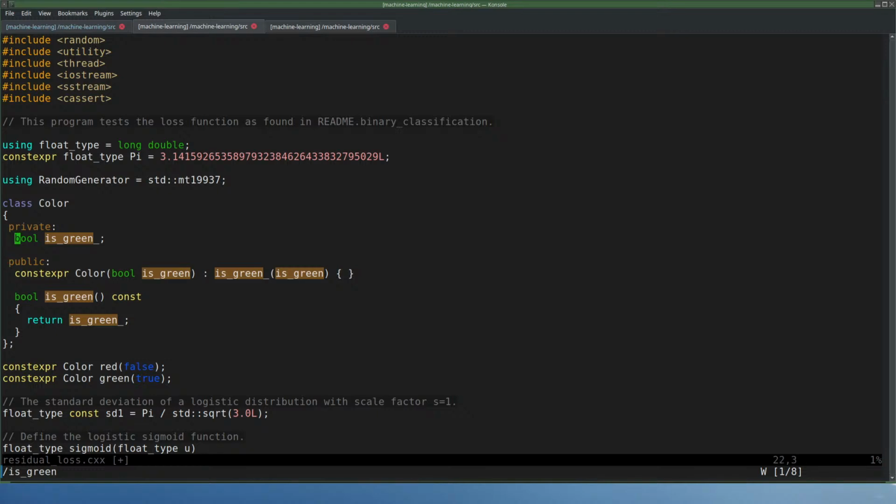And is green means if this is true, then it is green. So yeah, green is true. So I guess that if I use green, then this was constructed with a true. And then this is true, and then that would be true, and that's just 100% correct. It cannot go wrong. No way that can go wrong.